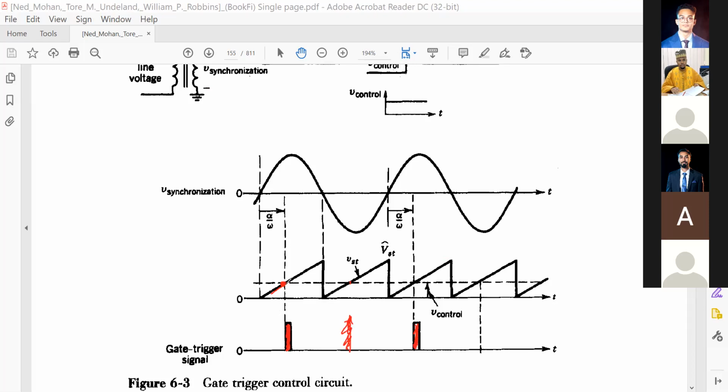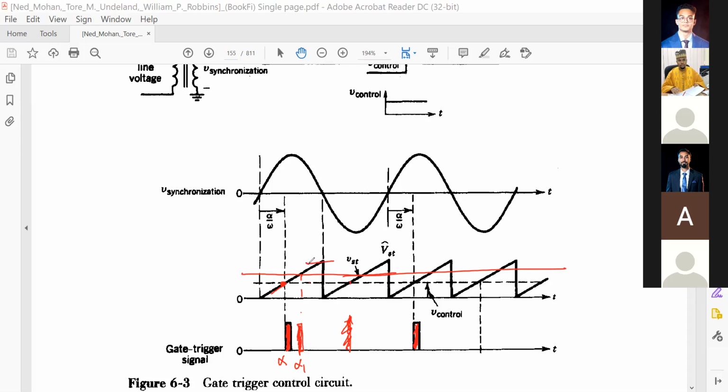Now if you move this control voltage here, look here, your pulse moves from alpha to a new value, alpha 1. You understand it or not? Yes, sir.